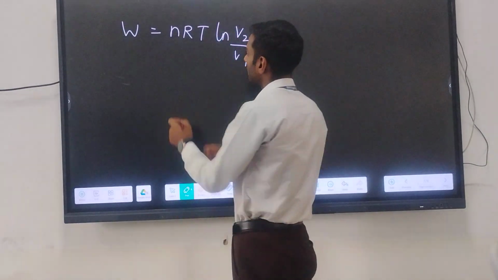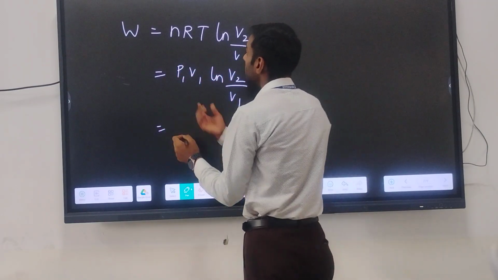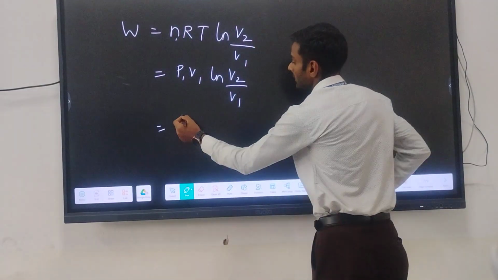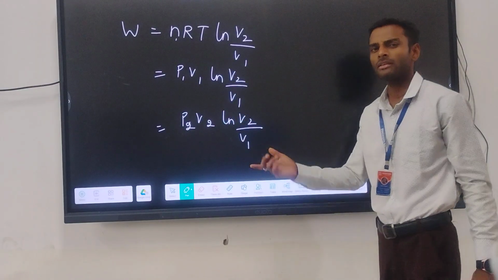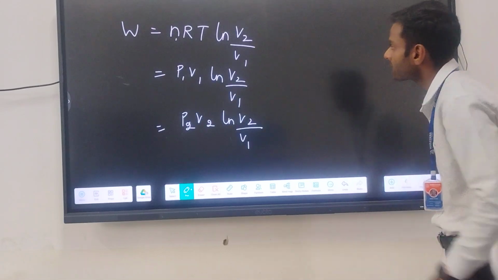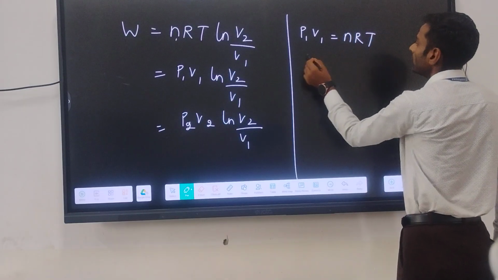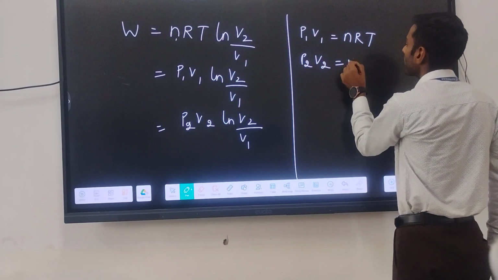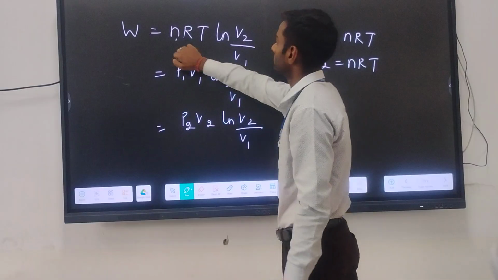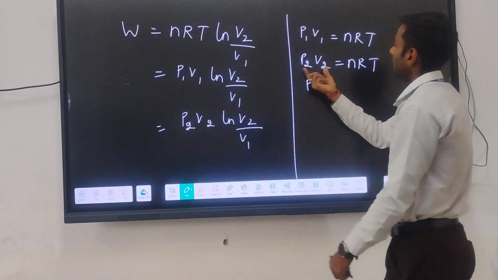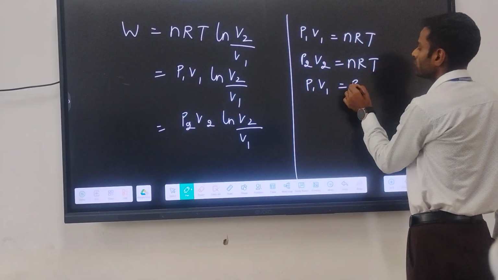This nRT can be written as P1V1, so work is P1V1 ln(V2 upon V1), and it can also be written as P2V2 ln(V2 upon V1), since nRT is constant. Can you write this? Yes, because P1V1 is equal to nRT and P2V2 is also equal to nRT. So P1V1 is equal to P2V2.